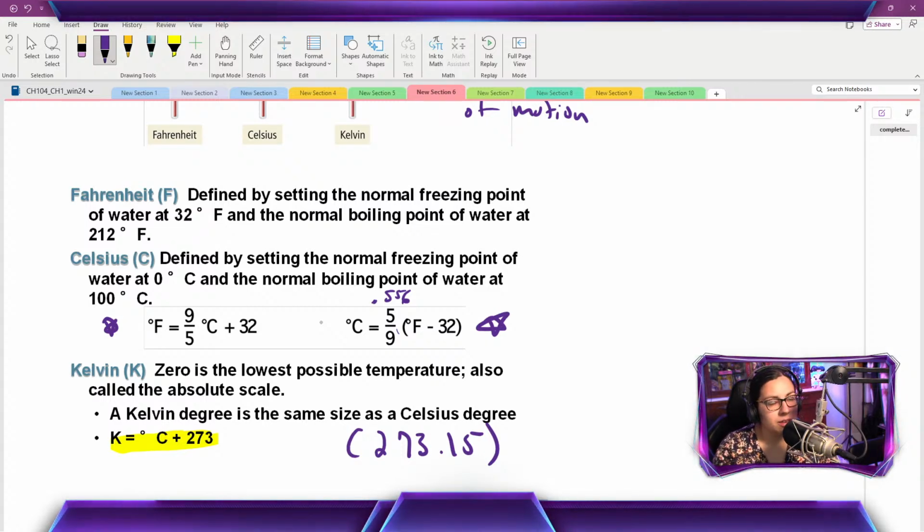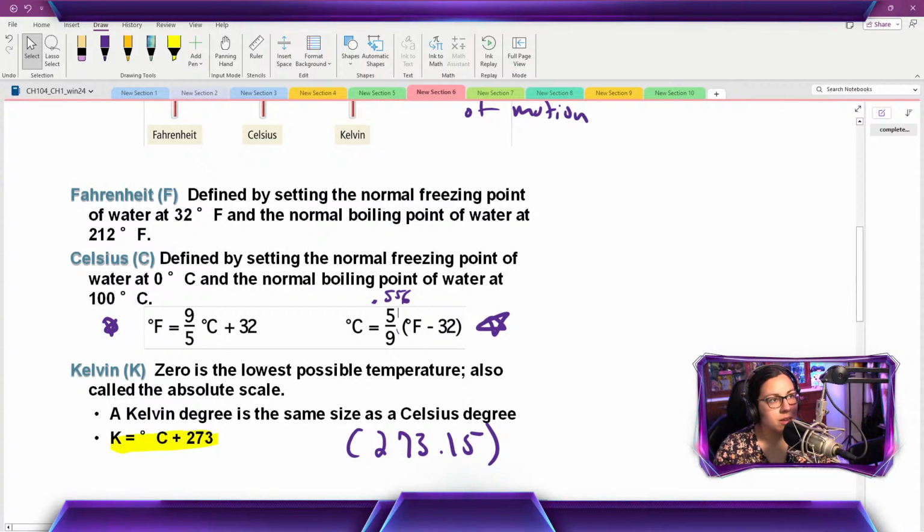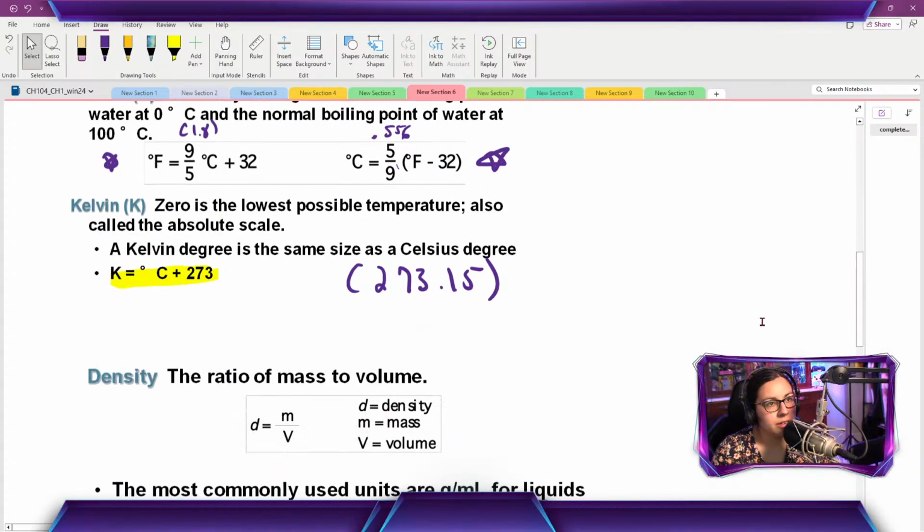And 9/5 is 1.8, let me plug it in. Yeah, so that's 1.8. So you might see it written different ways, so just be aware of that. And if you're going from Celsius to Fahrenheit, first you multiply Celsius times 9/5 or 1.8, add 32 to that number, and then that gives you Fahrenheit.